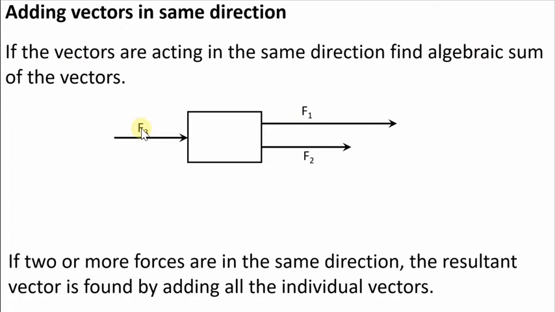So the addition of these vectors will give us what we call the resultant vector, which we can represent by FR, the resultant force. It is going to be the addition of this one plus this one plus that one.